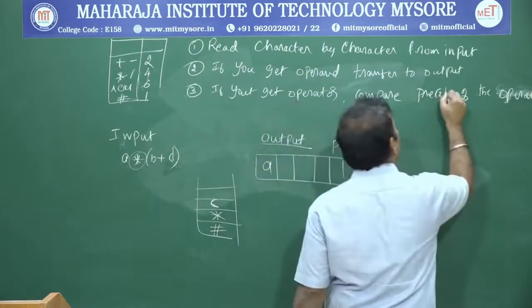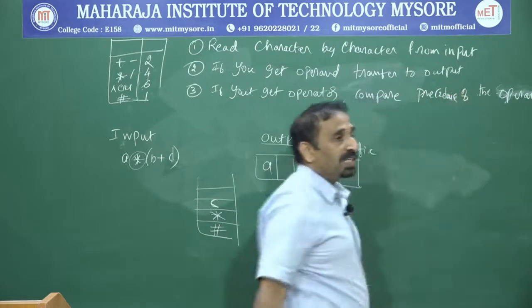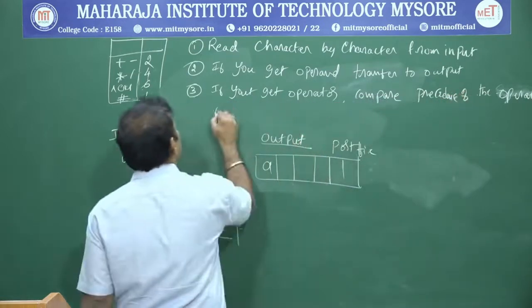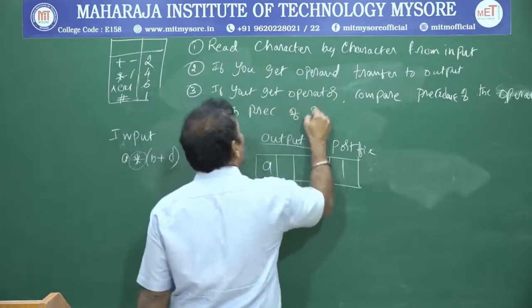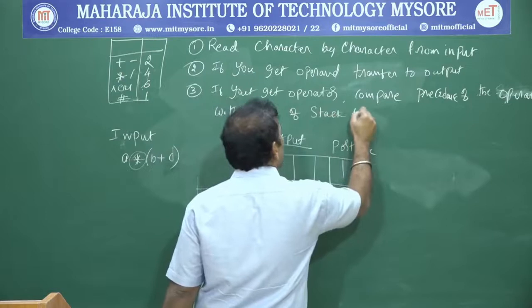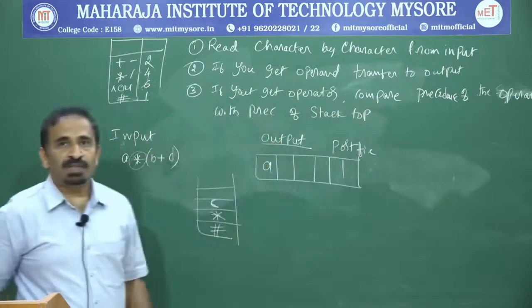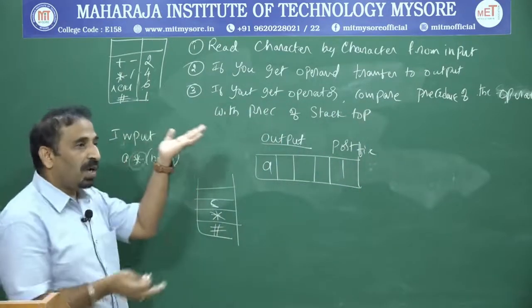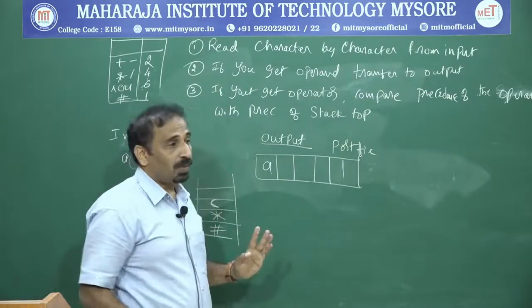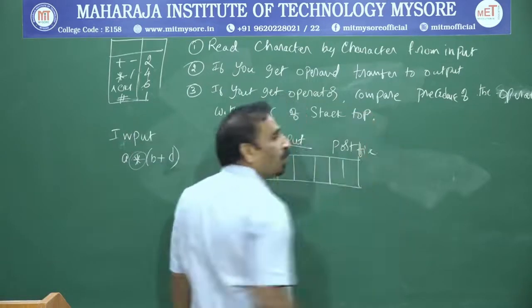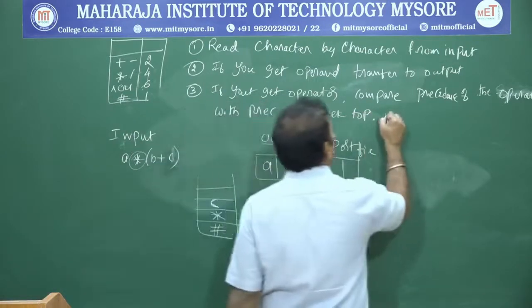Compare the precedence of the operator with the precedence of the stack top. First of all, you compare the precedence of the operator under consideration with the stack top. What is there in the stack top?